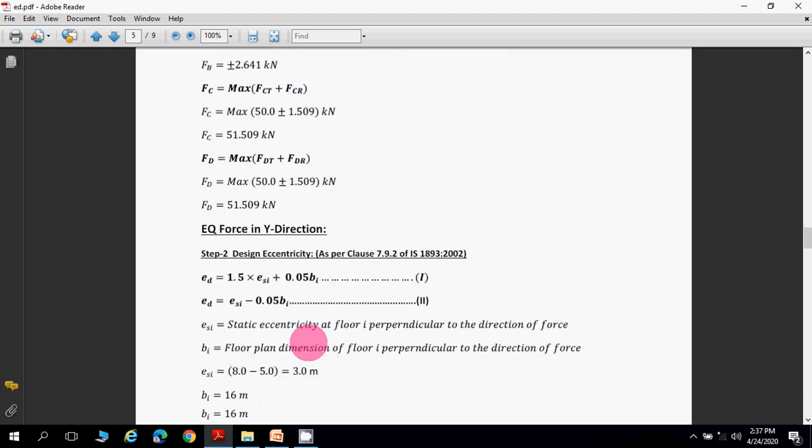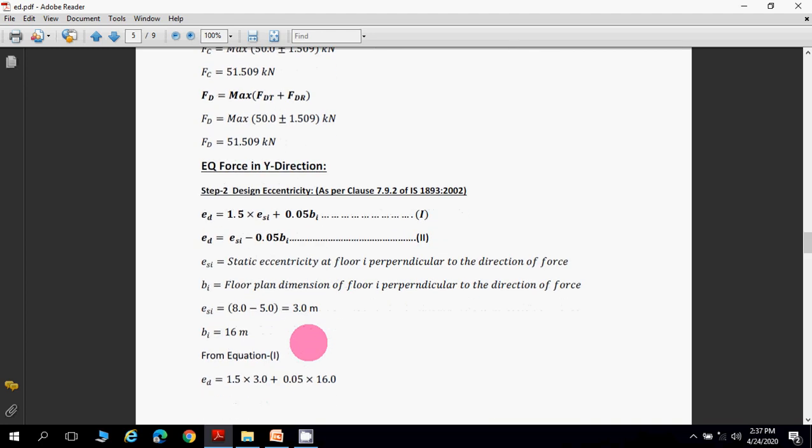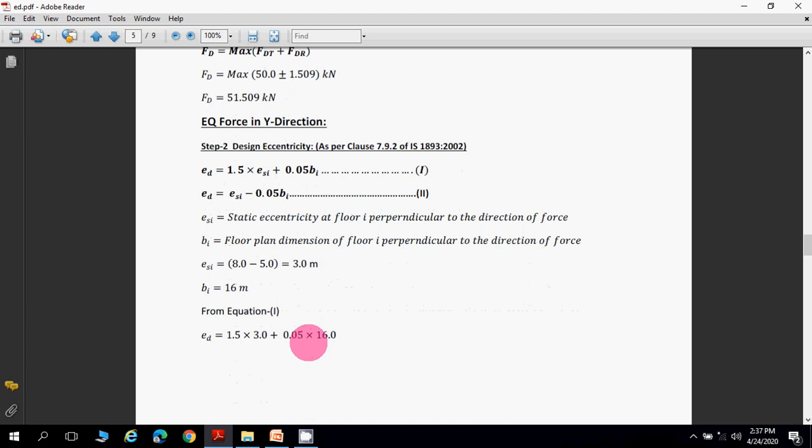And if we consider the seismic load in the y direction, then design eccentricity is again calculated, this time in the x direction. When we consider the y direction, the eccentricity in the x direction is considered. So ESI will be the eccentricity in the x direction. Similarly, BI is the floor dimension in the x direction.